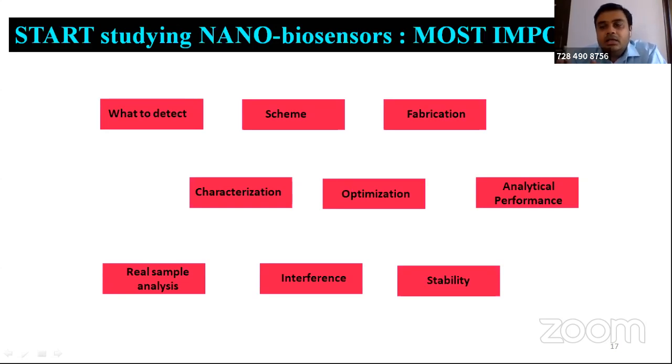The scheme means the design: how you are going to approach the whole process. Do you want to use a carbon nanotube, an aptamer, an enzyme, or what? So the selection of the material, the selection of the receptor, and the fabrication approach largely depend on what you are going to detect. After this process, you will fabricate.